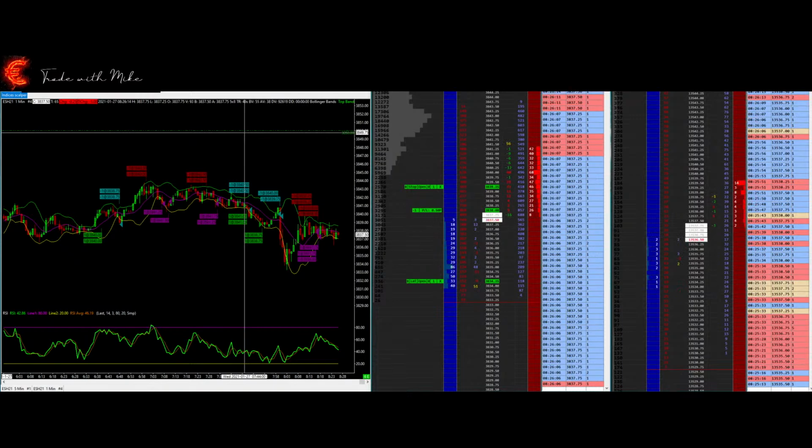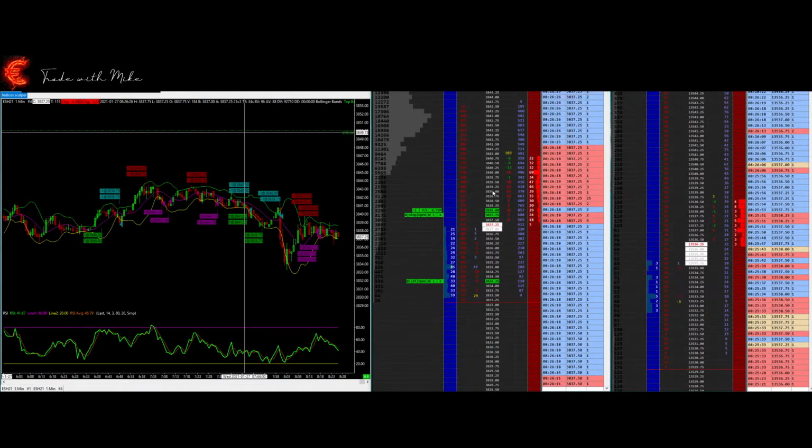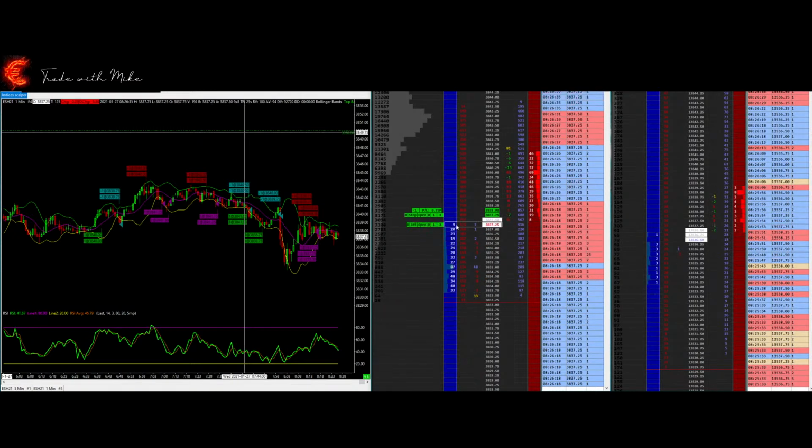Okay, so I'm at almost break even, plus 1 point. It's moving at a slow pace, so I just move my stop loss here because I see there is not a lot of movement. 2 points, 3 points. I just move here to 3 points.